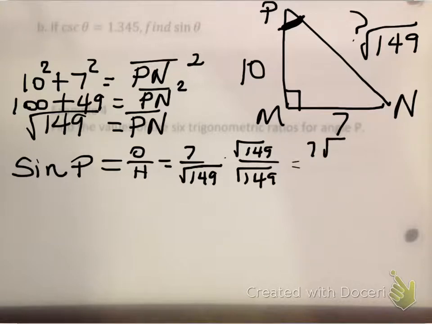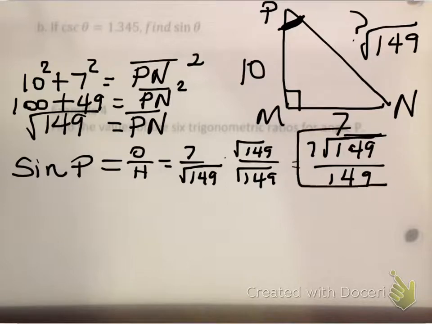And that leaves me with 7 rad 149 over 149. If 7 went into 149, we could reduce that, but it doesn't. And so that is our answer here: 7 rad 149 over 149.